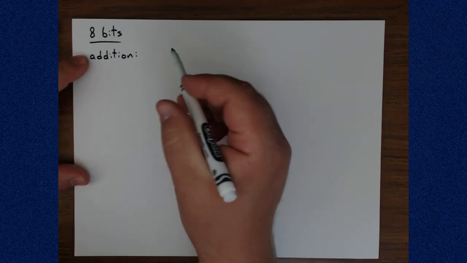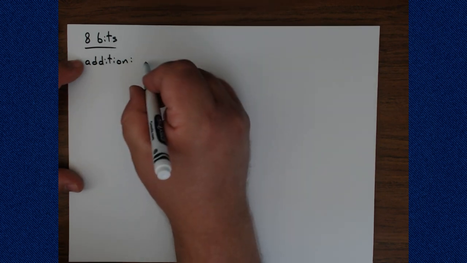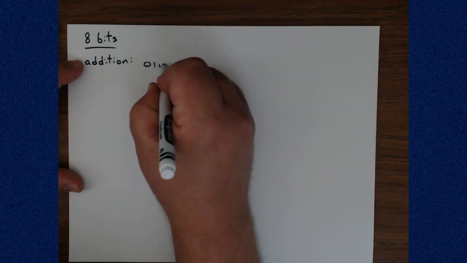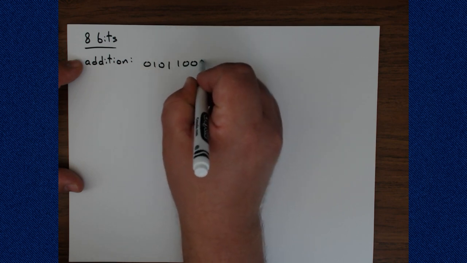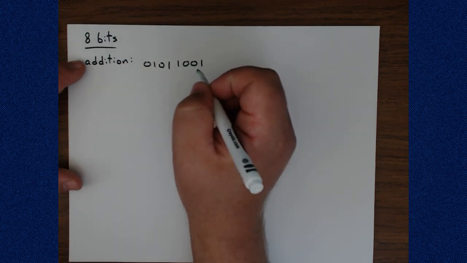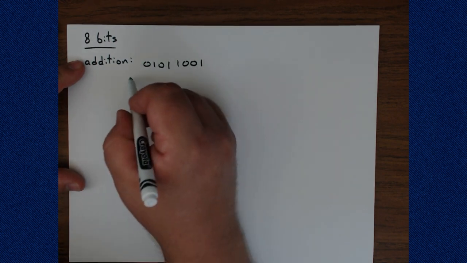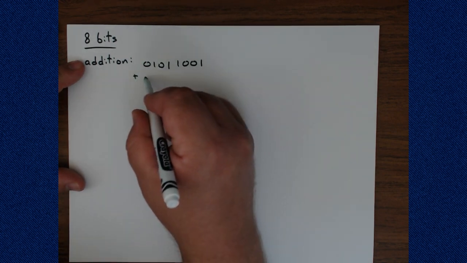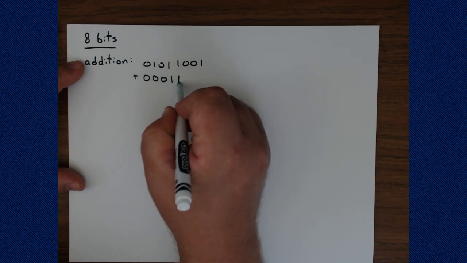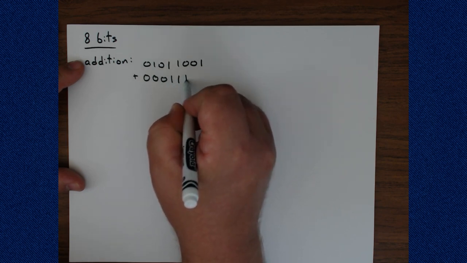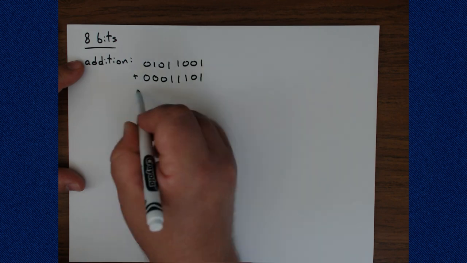Let's pick some values here. 0, 1, 0, 1, 1, 0, 0, 1. That's a good value. And we'll add to this 0, 0, 0, 1, 1, 1, 0, 1.